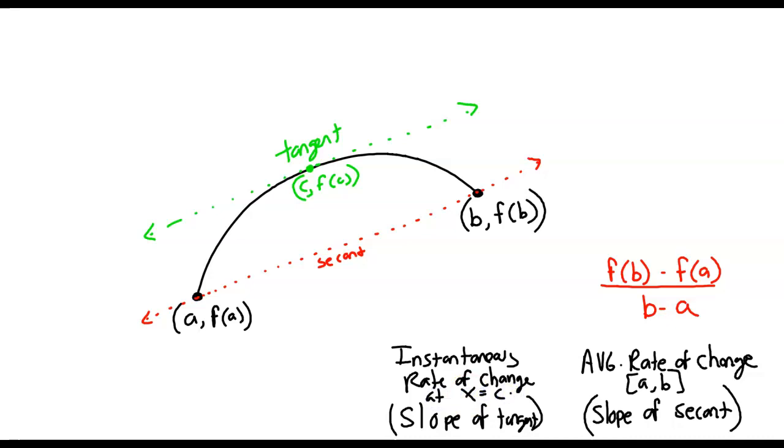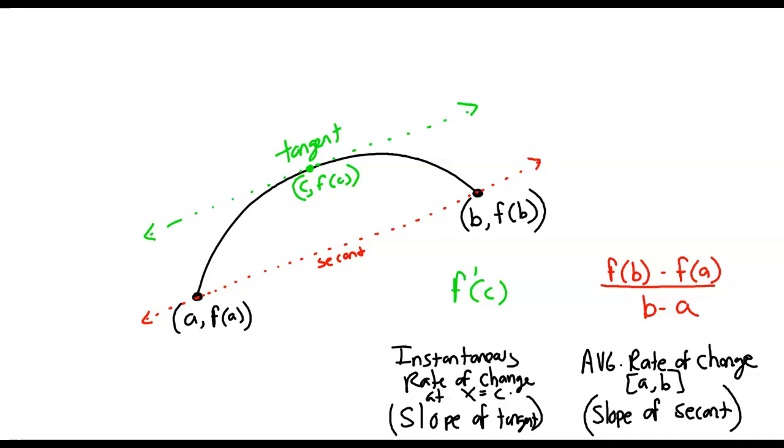Okay, so there's that. Now, how do you find the slope of your tangent line at that point? How do you find the instantaneous rate of change? Well, instantaneous rate of change is the derivative of your function at that point.